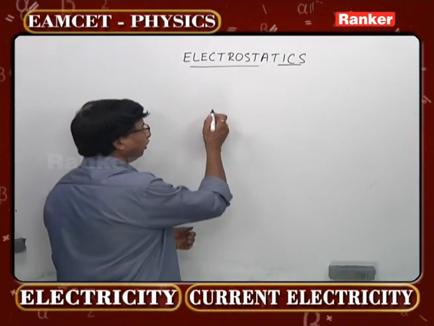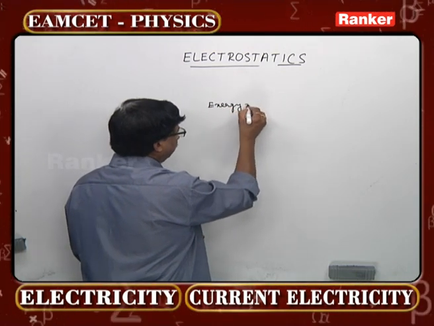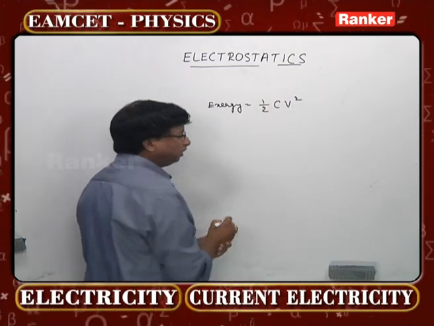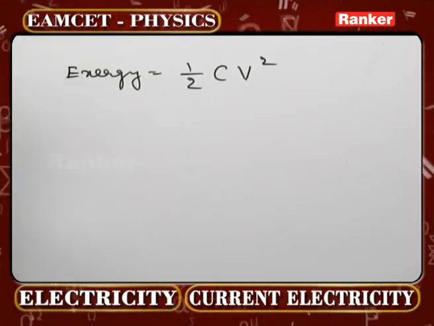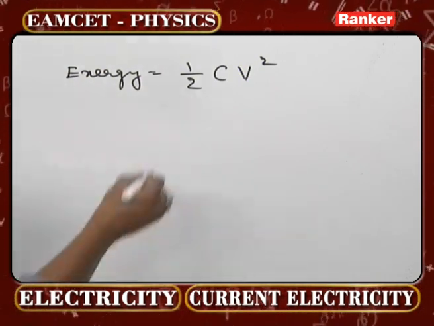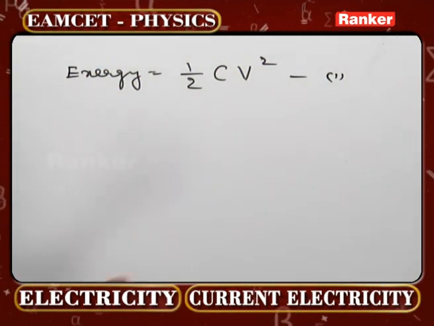You can understand what is the energy stored in a capacitor. Energy stored in a capacitor, in fact, we know very well, half CV square. He has given you the capacity value as C and potential difference across the system is given as V. So half CV square I can write, that is the total energy. What next is he giving you?